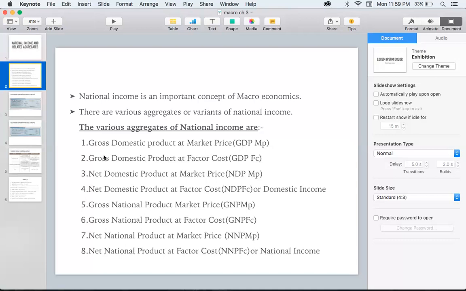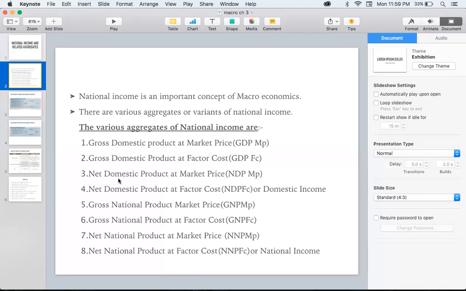Is it clear? Next, I am going to tell you what is net. When I say net domestic product at market price, it is the net money value of all the final goods and services produced within the domestic territory of a country during a period of time. It has significance for the depreciation, which means it will not include the depreciation.